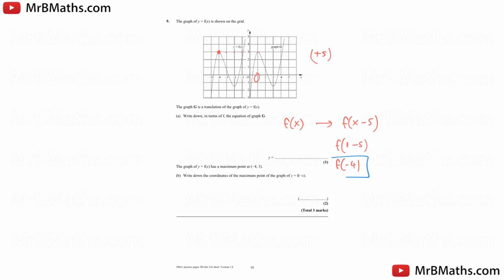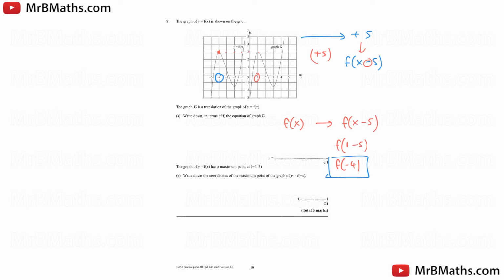And the value of x when it was minus 4 is the same value that our new value of 1 will give us. So just as a quick shortcut, if it is translated to the right, so if it's gone positive 5 times, if it affects the x, it will be f of x minus 5. So this will always be the opposite to what's happened.